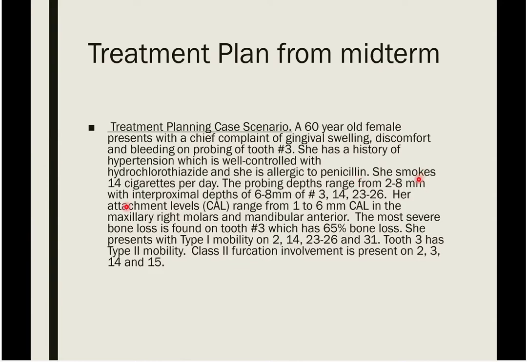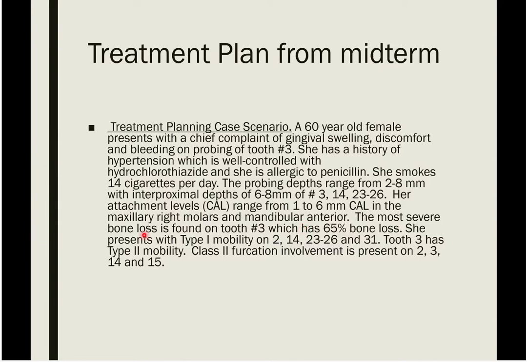She smoked 14 cigarettes per day, probings 2 to 8 millimeters, and then there was significant CAL, meaning loss of clinical attachment, ranging from 1 to 6 millimeters, especially in the maxillary right molars and the mandibular anterior.